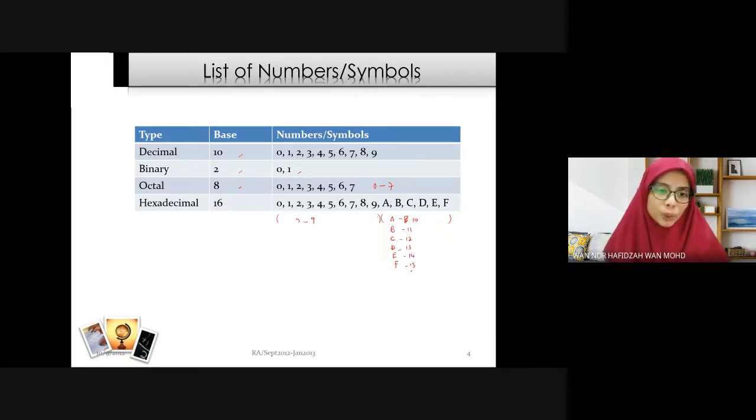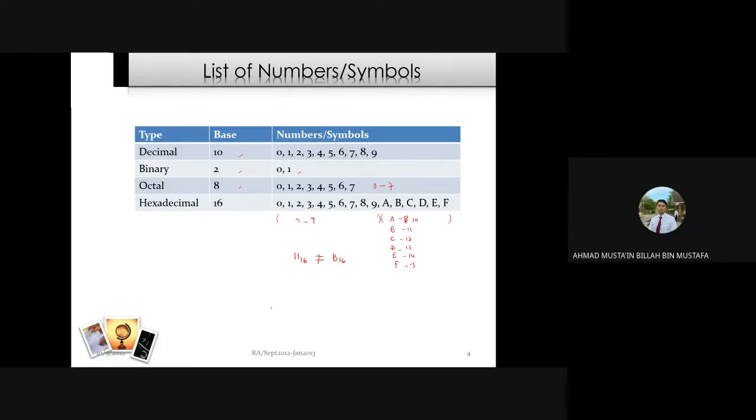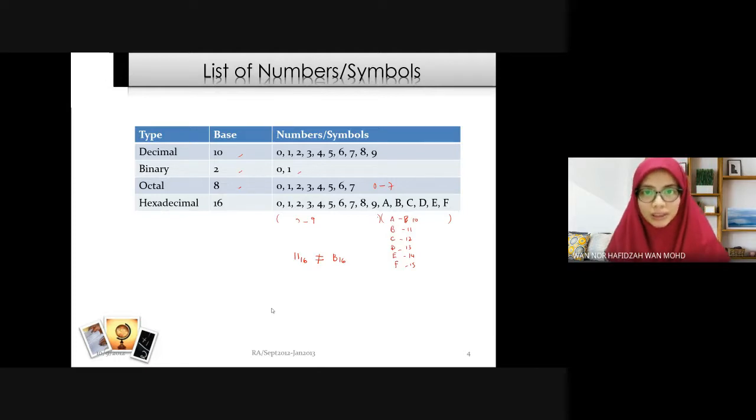If we say that we have hexadecimal, 11 base 16 is not equal to B base 16. Understand this? Yes, madam. 11 base 16 is not equal to B base 16. It is different.